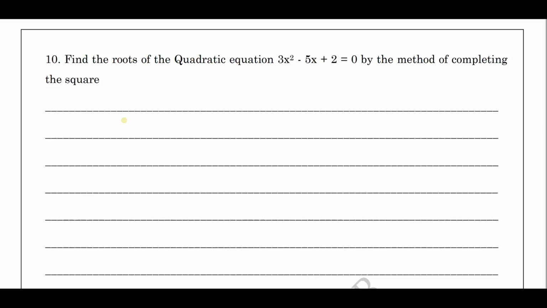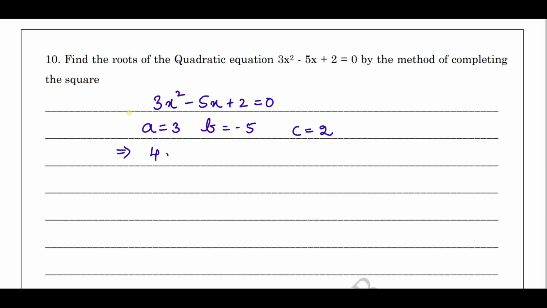Definitely you can expect similar concept for the examination. Here first I'll write down the quadratic equation 3x square minus 5x plus 2 equals 0. Now I'll write down the values a equals 3, b equals minus 5, c equals 2.